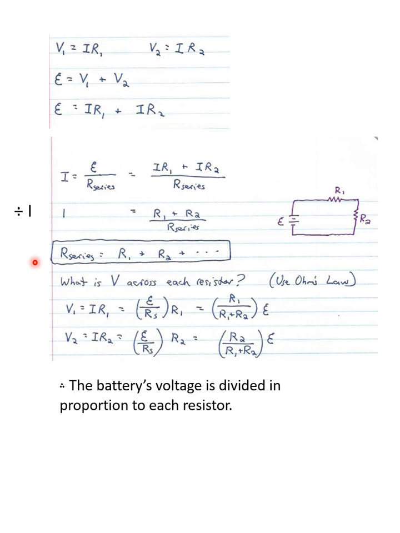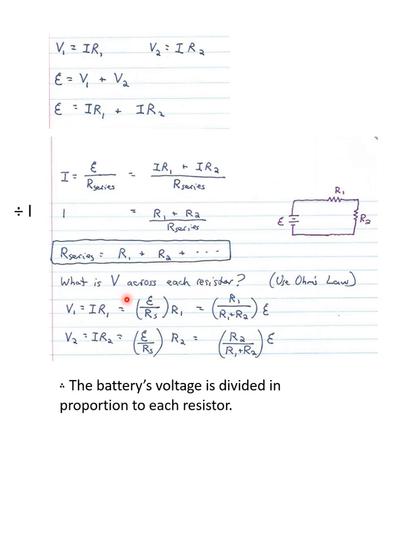Now we could then look at what is the voltage drop across each resistor, and we're going to use Ohm's law, putting it together with what we've learned so far. Well, if we want to know the voltage drop across resistor 1, Ohm's law says V1 equals IR1, and we know that the current is the electromotive force of the battery divided by the total resistance of the whole series.